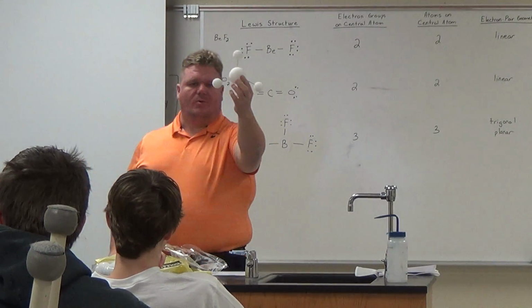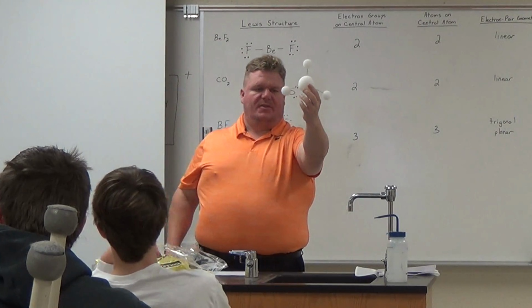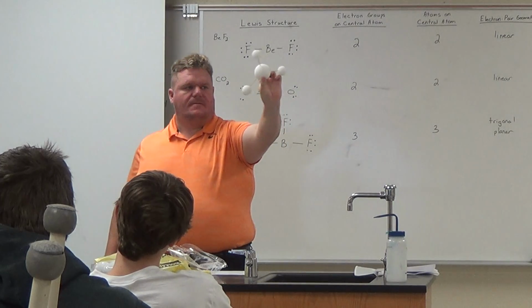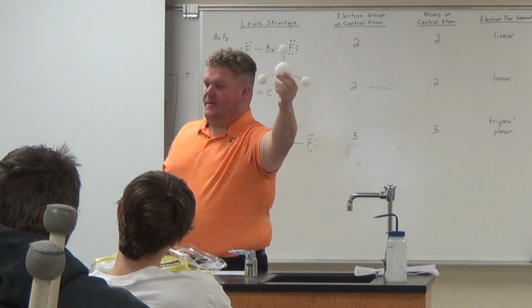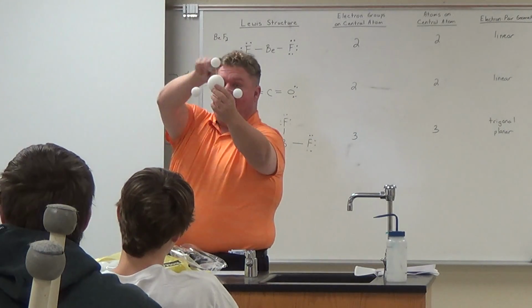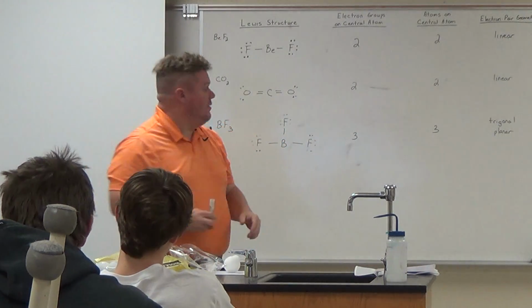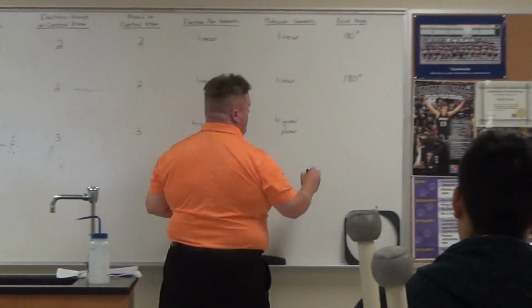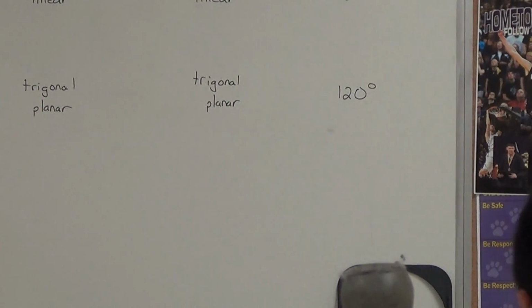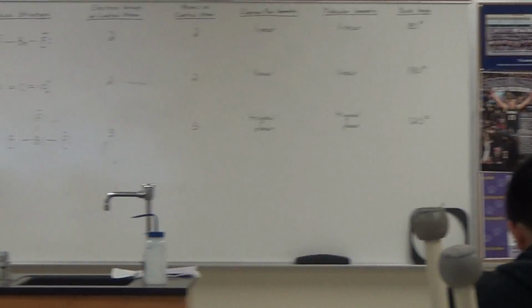What would the bond angle be here between one atom and the next? Yes, sir. 120 degrees. It's 360 around the circle, and we divide it into 3, so that's a 120 degree bond angle.